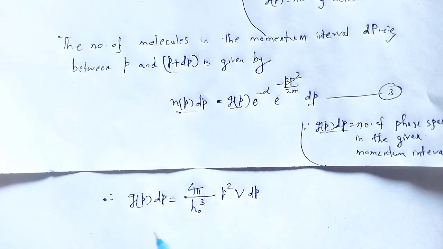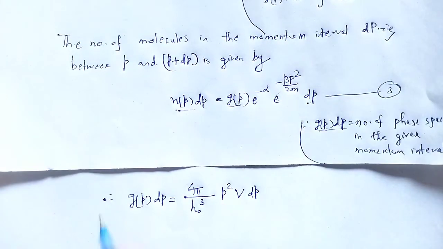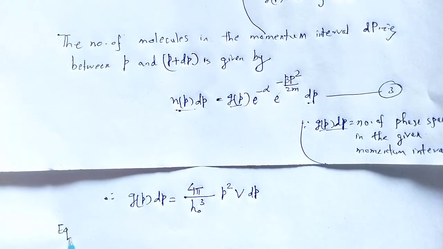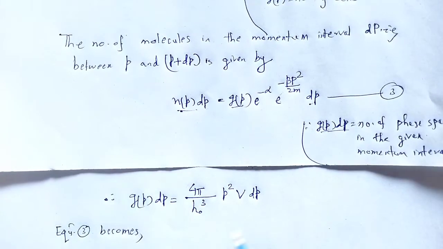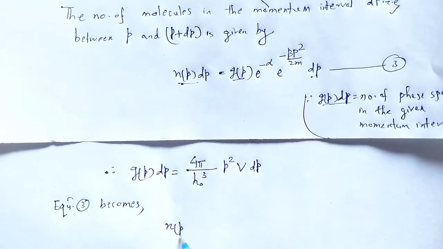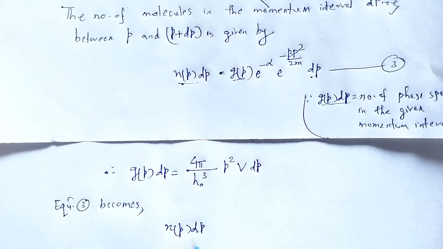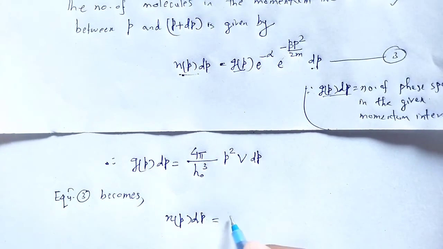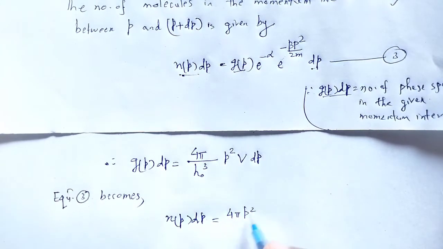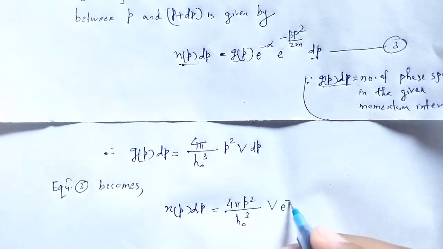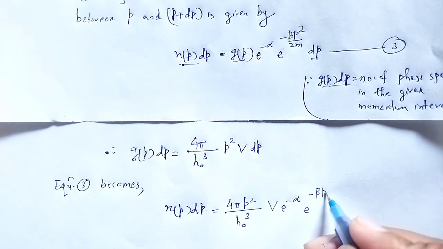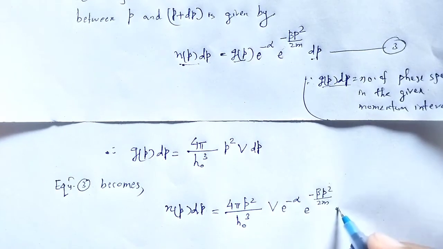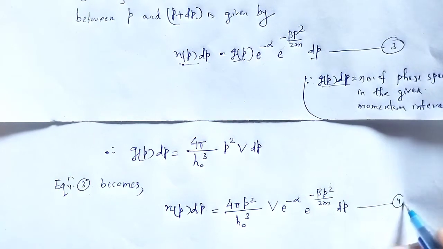Putting the value of gp dp in equation 3, np dp, the number of molecules in that momentum range, is equal to 4 pi p square V divided by h naught cube, times e to the power minus alpha, times e to the power minus beta p square divided by 2m, dp. That is equation number 4.